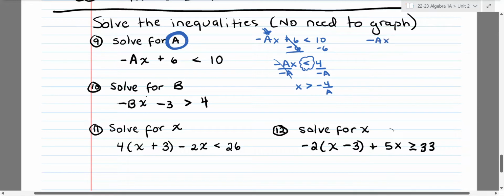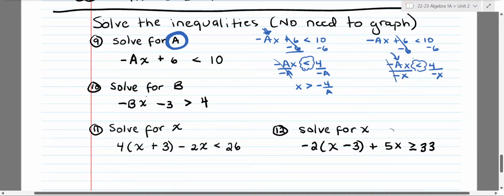Negative ax plus 6 less than 10. All right, so I'm sorry, we'll subtract 6 on both sides. So we have negative ax less than 4, and we want to keep the a. So we're going to divide by negative x and negative x. And remember, this will flip, right?